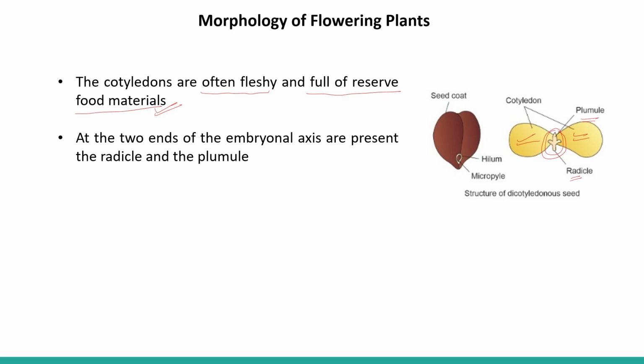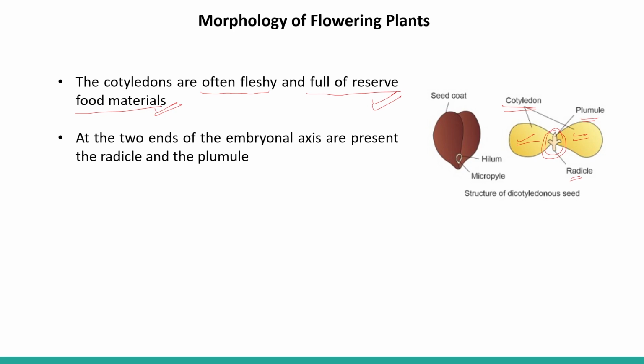At that time the seed cannot photosynthesize because the leaves are not there yet. So where do they get that food from? The cotyledons store lots of food, called reserve food material.